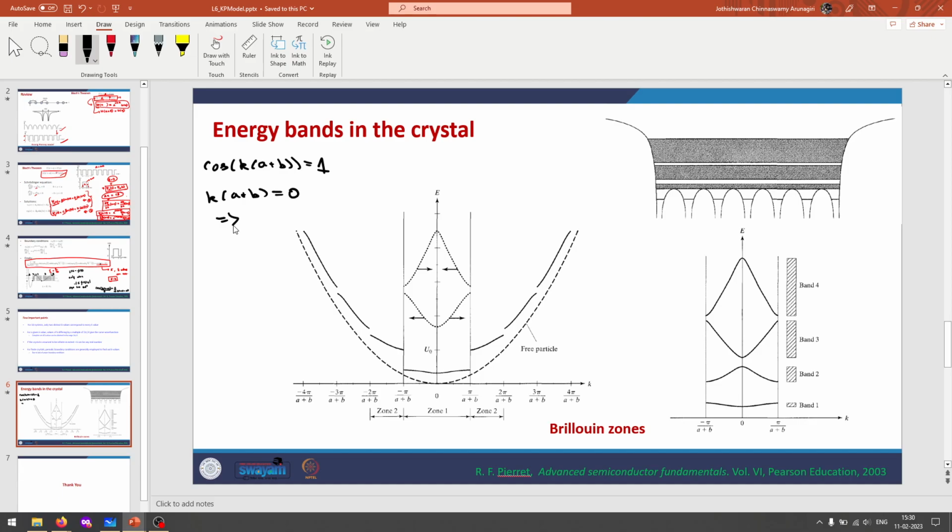This implies what? What is the value of k? Come on. This is not that difficult. 0. Yeah, very good. k is equal to 0. So that is this point over here.